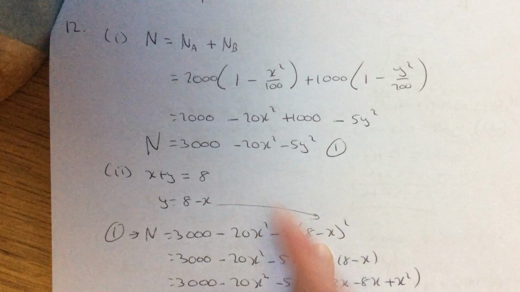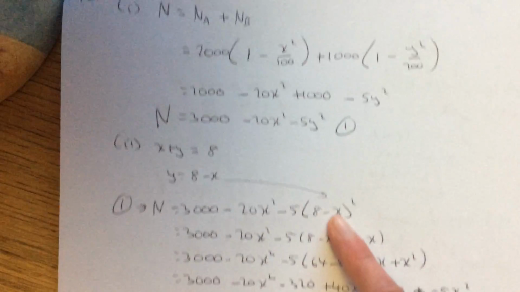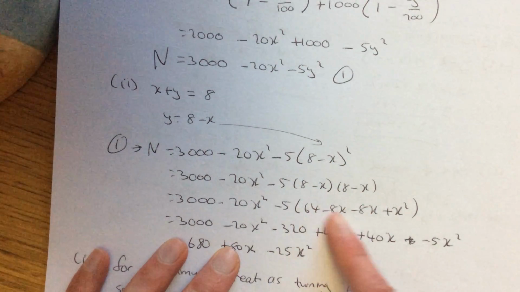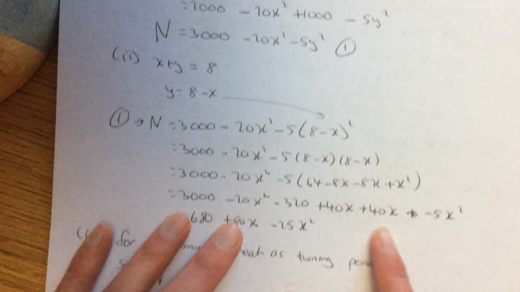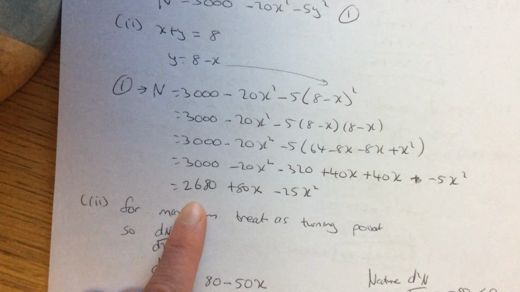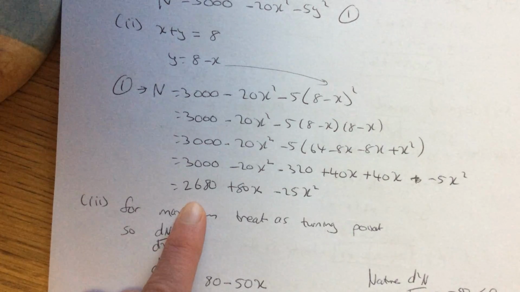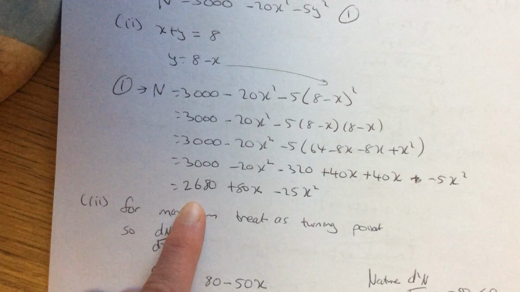And the reason I did that was because it means that I now have an equation with all x's in it. So I've got a double bracket. I'm going to multiply it out, tidy it up, multiply it through by minus 5, tidy up, and you should get that. Now, the question then says, maximise the number.